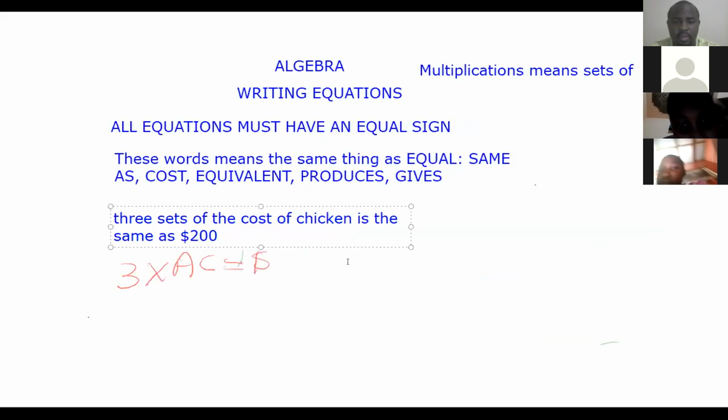Sir, I'm finished, sir. Zaria, why did you use AC right there? Sir, because it says the cost of, I don't know the cost, so you use a variable. Couldn't you use just one letter? Yes, Zaria. It says the cost of chicken, so the letter would represent the cost of chicken, right?